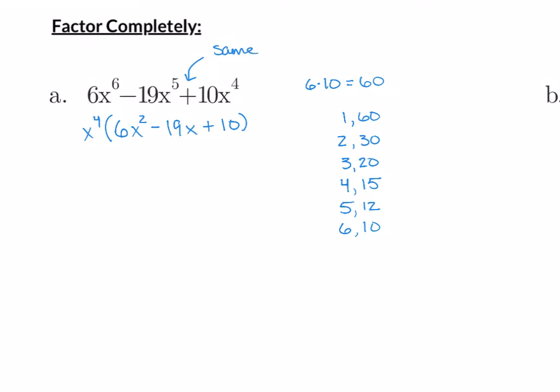What are we looking for? We have same signs, and remember, same signs means we want to add to 19. So we're going to go with the 4 and the 15.